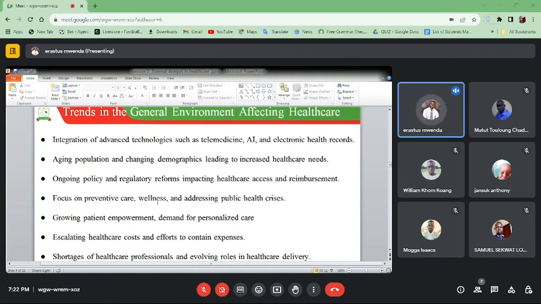And a major trend as we wind up this particular slide is the shortage of healthcare professionals. That has become a very difficult situation. If you go to some developed countries and ask for professionals for a particular medical issue, you realize there are some that don't even have one person, and therefore they rely on consultants who have to travel to that country, or they do a telemedicine kind of engagement.